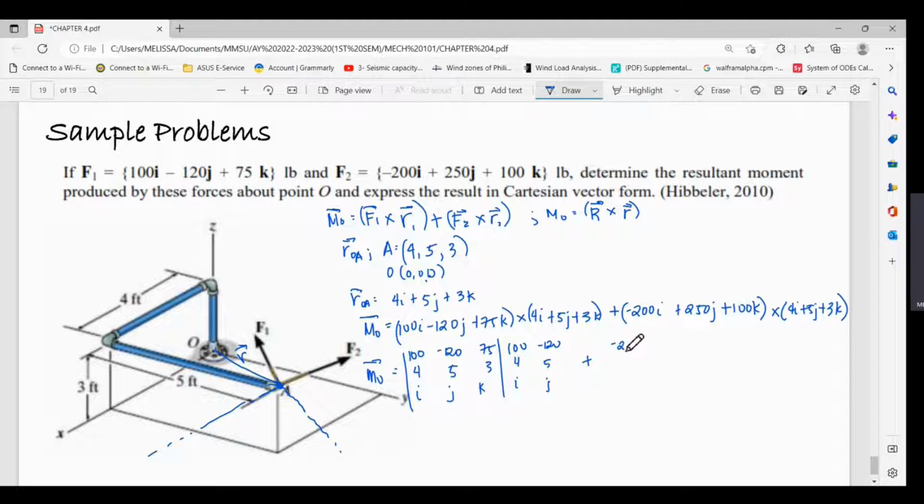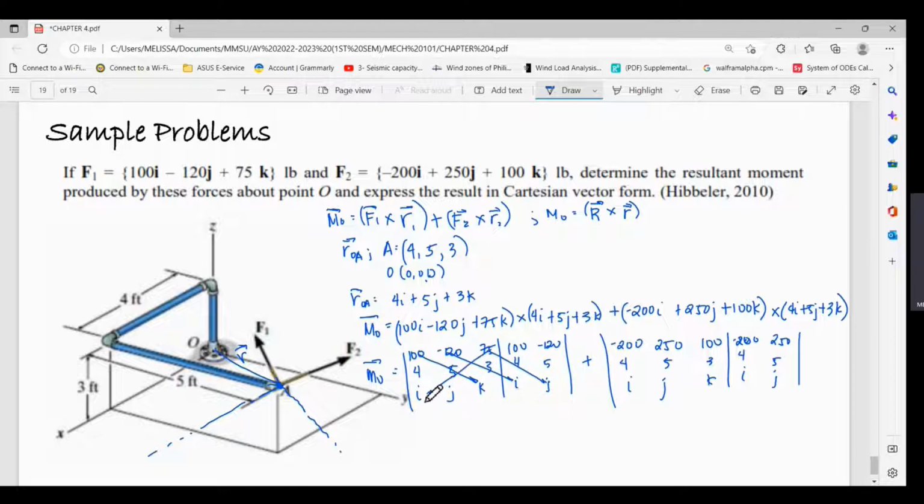So, we have negative 200, 250, tapos 100. 4, 5, 3, I, J, K. Okay? So, ito na yun yung ating matrix. So, ganun din ulit.